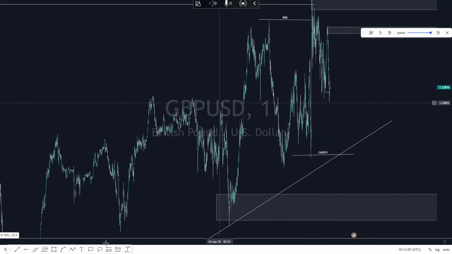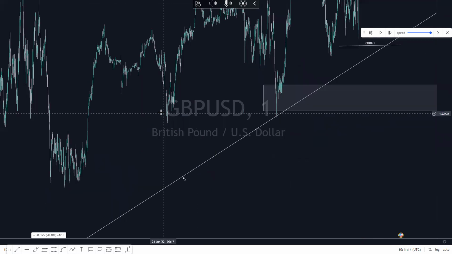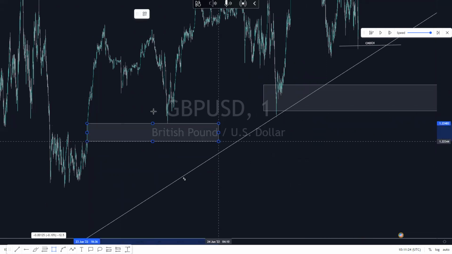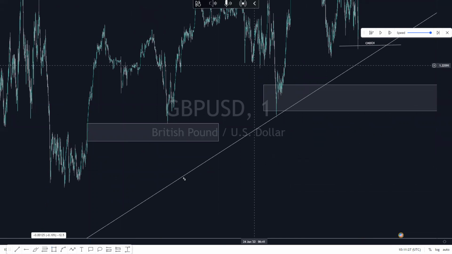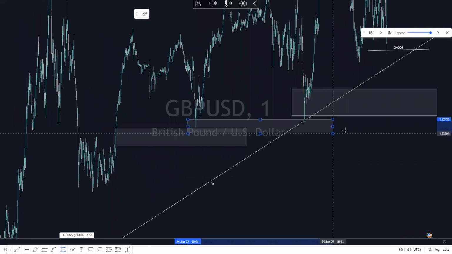You have to first come back here, look for all your confluences, because you can see now the price has actually broken this particular region here, or should I say it broke market structure, touched the FVG right here, right? Mitigated FVG, went up, mitigated order block here, went up.